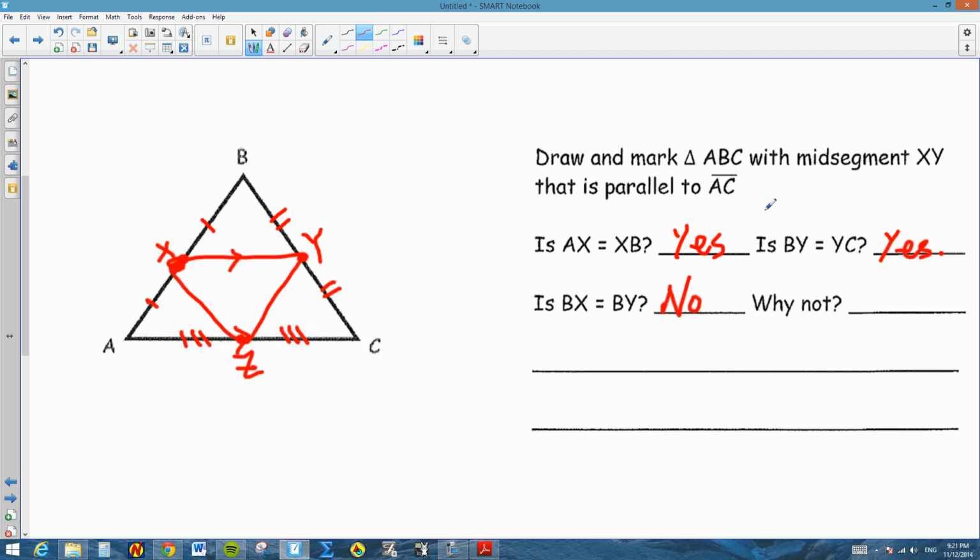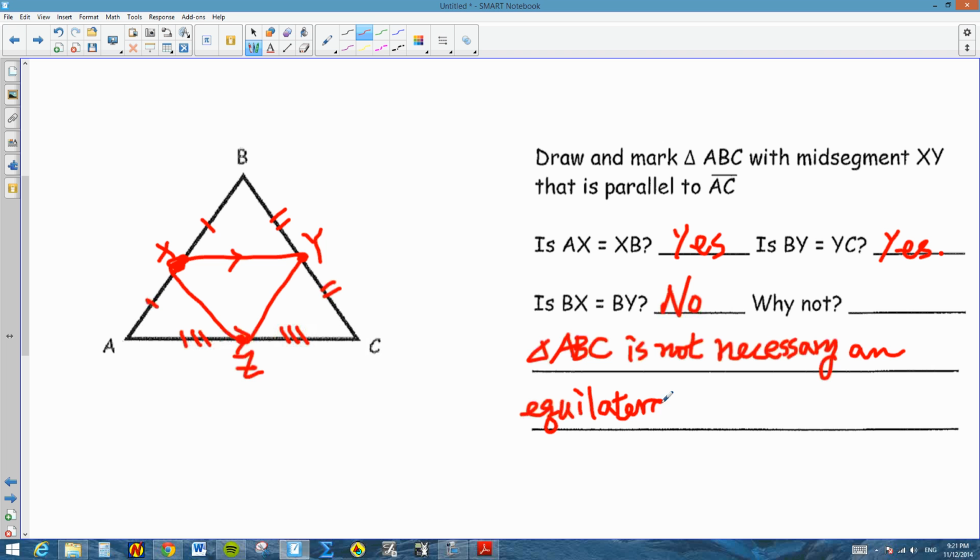Because triangle ABC is not necessarily an equilateral triangle or an isosceles triangle.